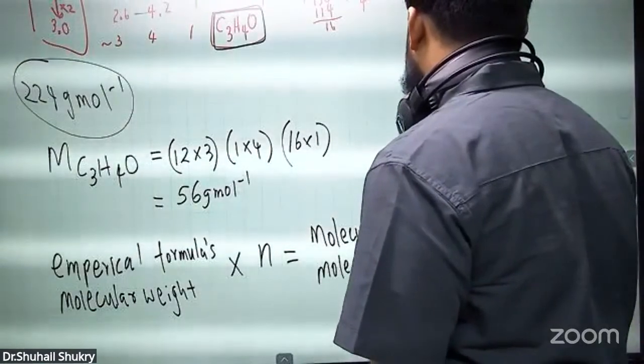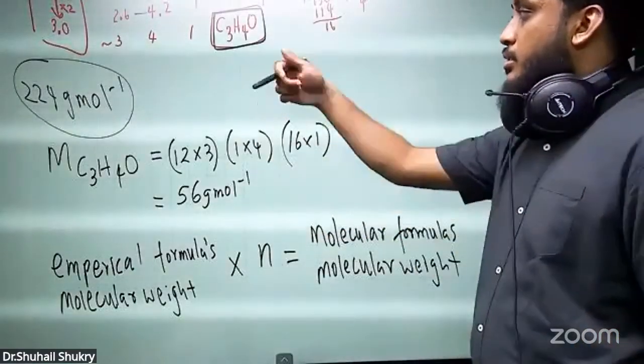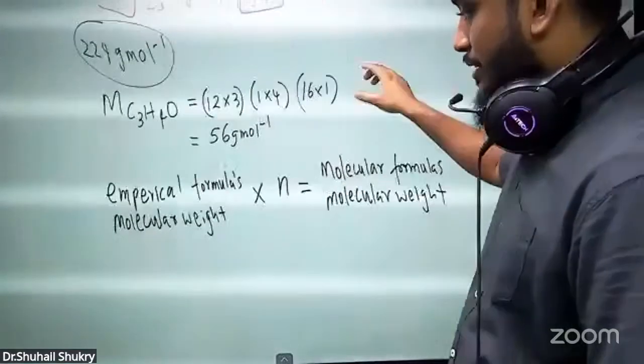If you put this, you can find N. N means how many units like this are there. There is no need to write a formula for this; you can think and do that.